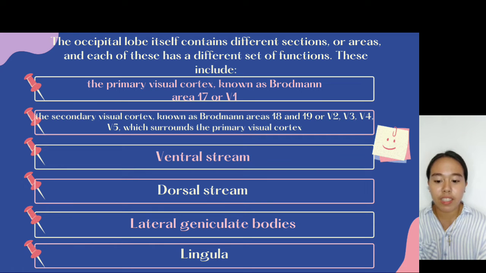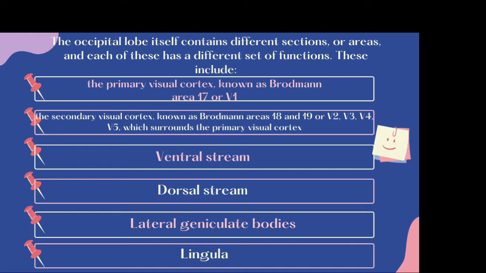Next, the secondary visual cortex, known as Brodmann Areas 18 and 19 or V2, V3, V4, V5, which surrounds the primary visual cortex. Also the ventral stream and the dorsal stream. Next, the lateral geniculate bodies, and last is the lingula.